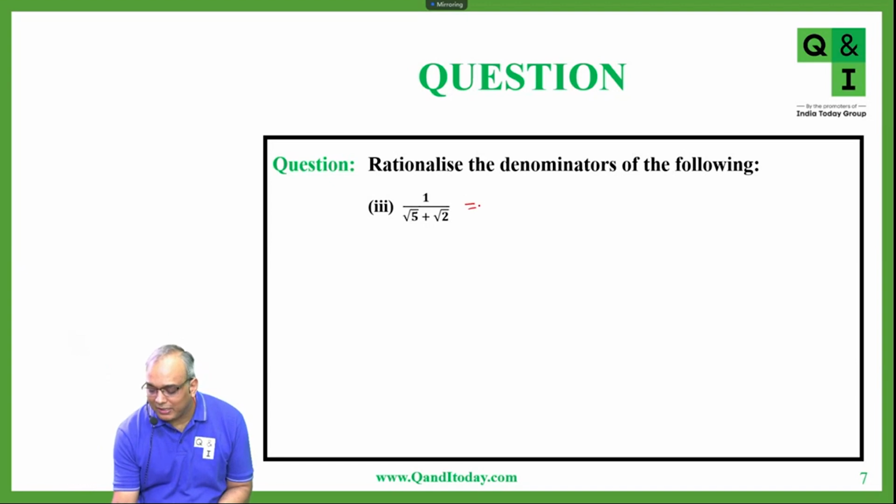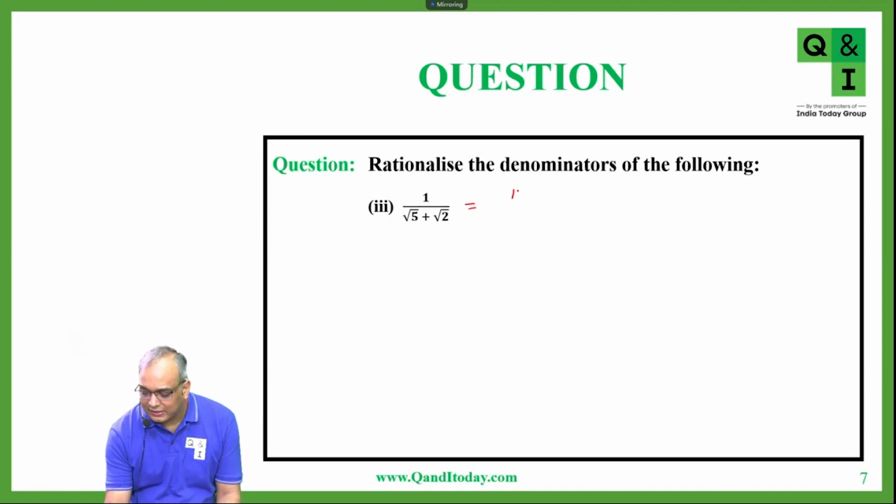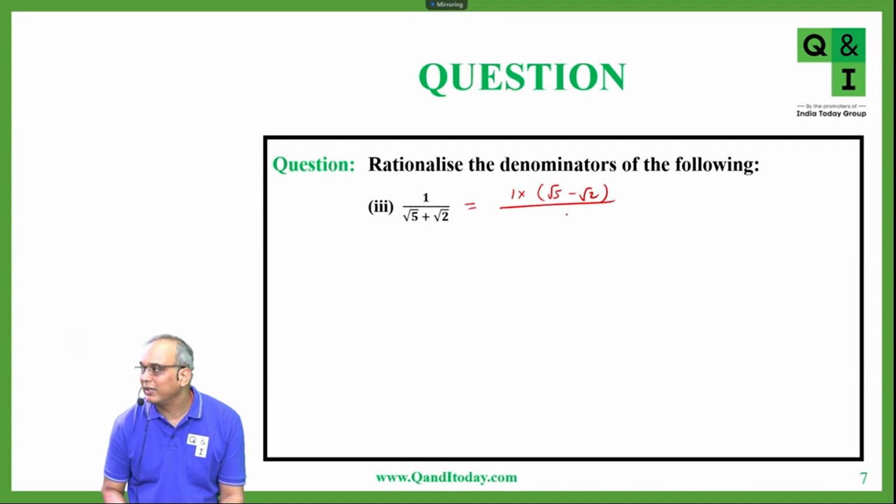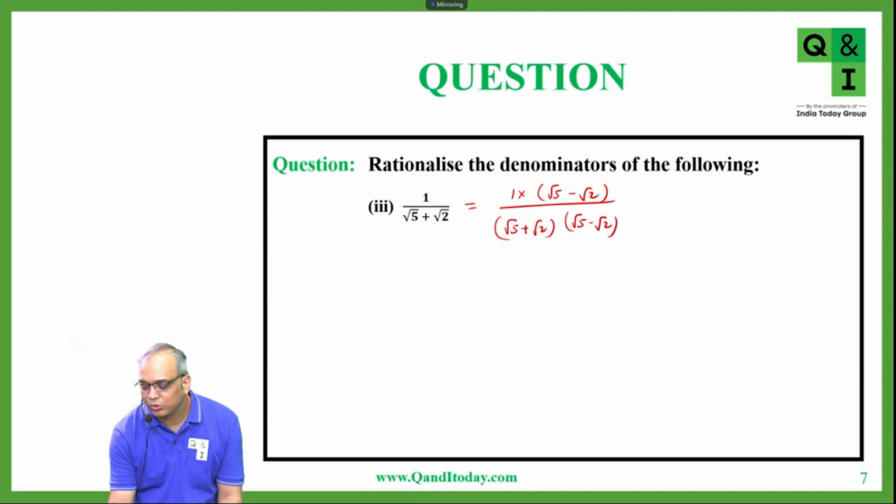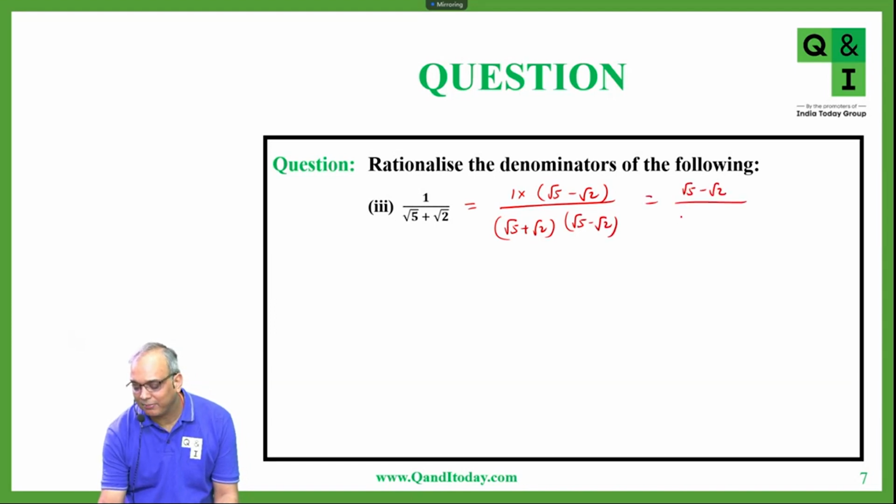So this is 1 into root 5 minus root 2 divided by root 5 plus root 2 multiplied by its conjugate. So this is root 5 minus root 2 divided by root 5 square minus root 2 square. So this is root 5 minus root 2 over 5 minus 2, or root 5 minus root 2 over 3.